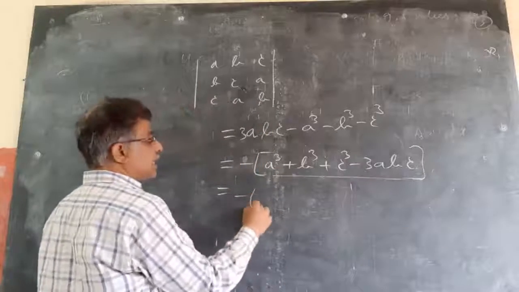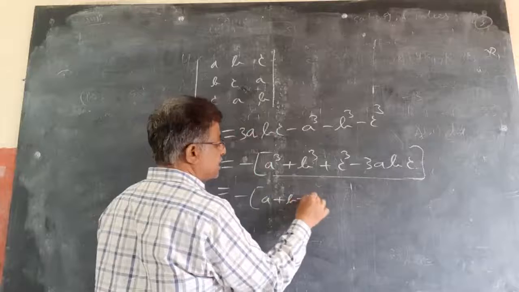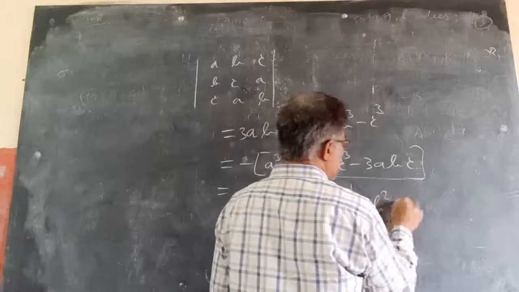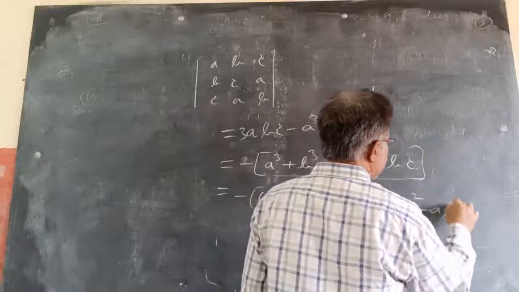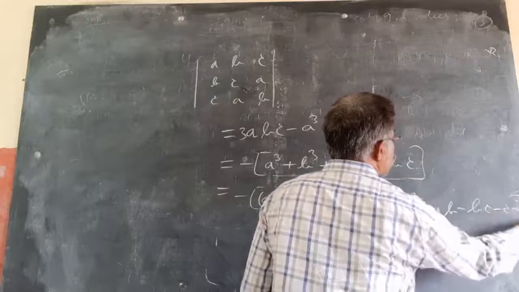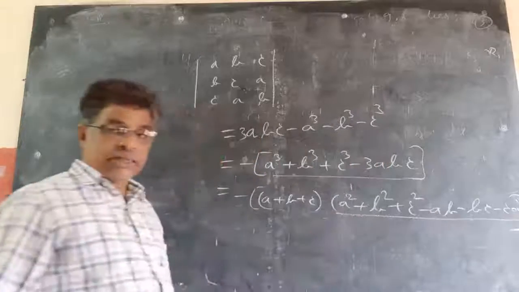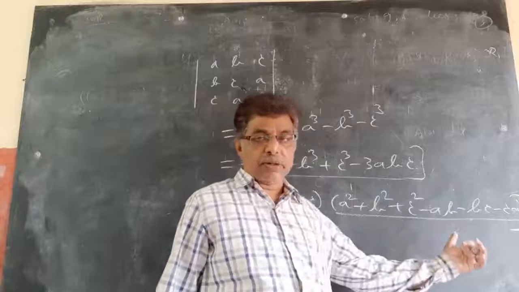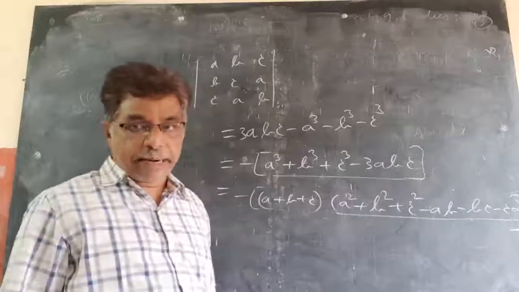Now, we know about this value. This value we can write as a plus b plus c into a square plus b square plus c square minus ab minus bc minus ca. Now we know that this is always greater than 0, because you can write as a minus b whole square plus b minus c whole square plus c minus a whole square by 2.